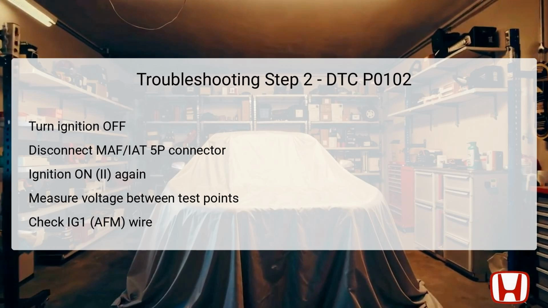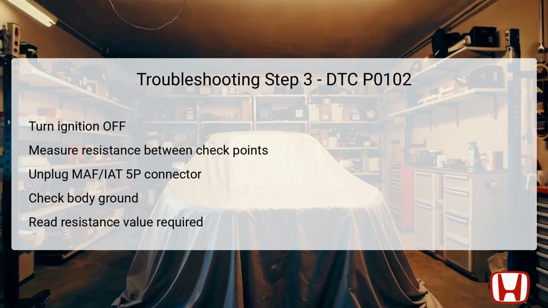Using a multimeter, measure the voltage between the designated test points with the connector still disconnected. Specifically, measure between the MAF sensor connector number 1, which is usually the black-yellow wire, and the body ground. An expected voltage reading equivalent to battery voltage indicates the integrity of the IG1 AFM wire circuit. If voltage is absent, it points to an open circuit that needs repair.